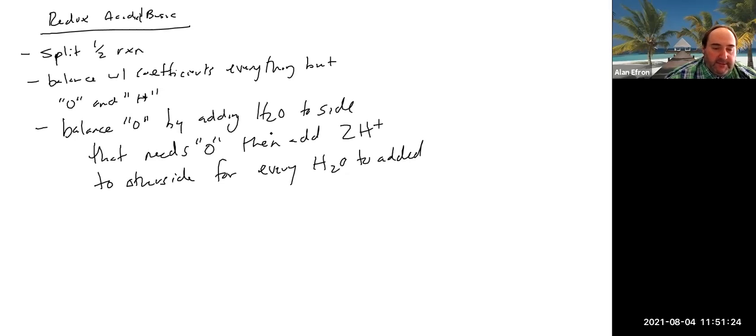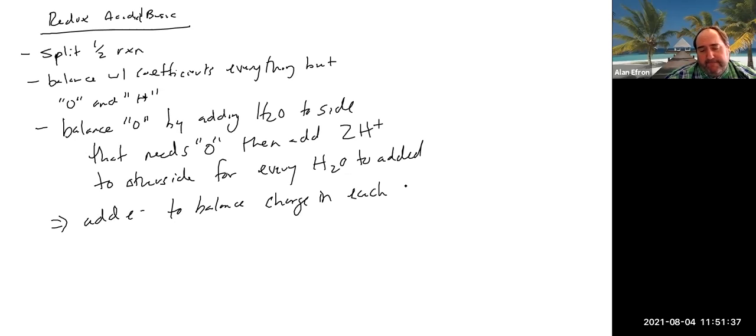We do need to add the H plus to the other side. Once you do that, you could add electrons to balance the charge in each half reaction. Remember, the charge does not have to equal 0 in each half reaction. It just needs to equal the exact same charge on each side, exact same number.